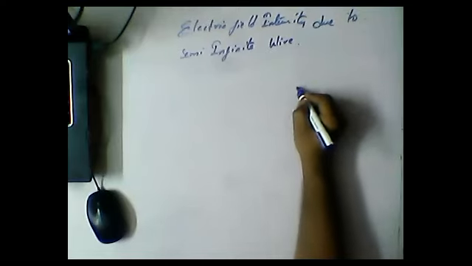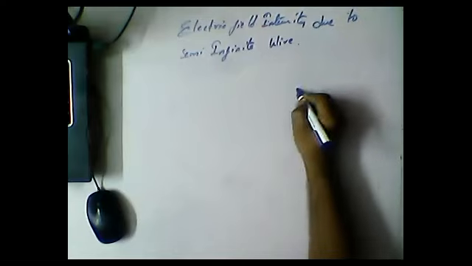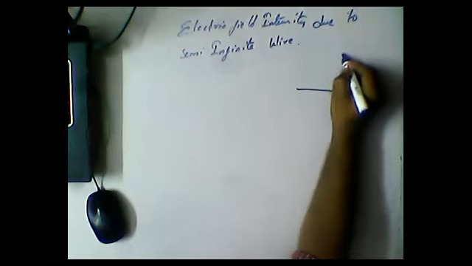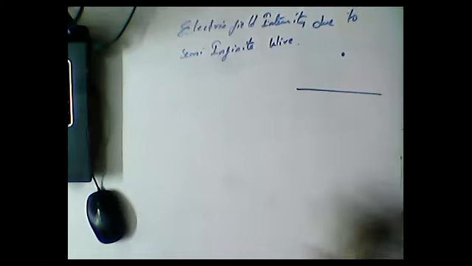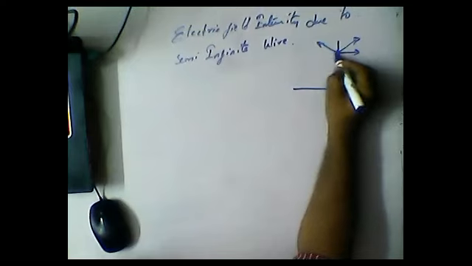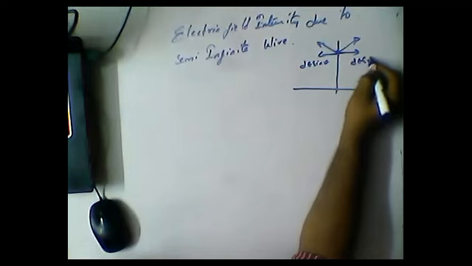For an infinite wire, we have discussed that dE will be in this direction. For example, this is a point, our equatorial point. Now the electric field vector is either in this direction or in this direction, and the horizontal vectors are dE sin theta, here also dE sin theta.